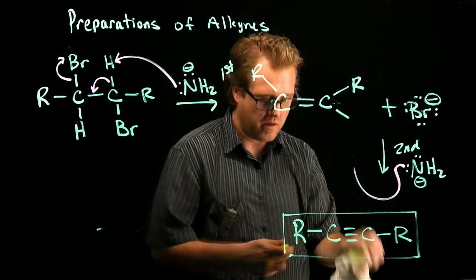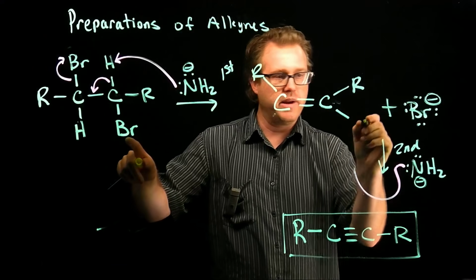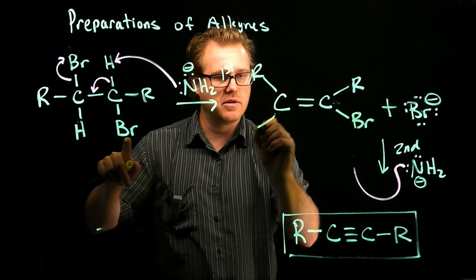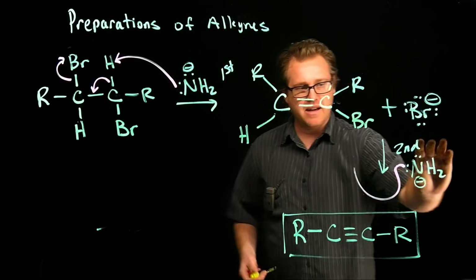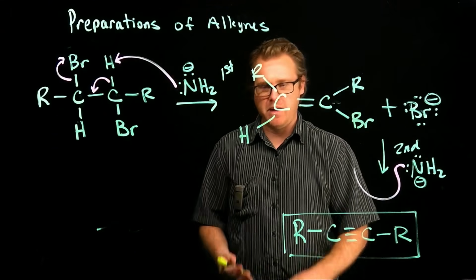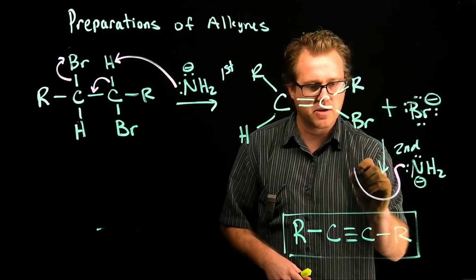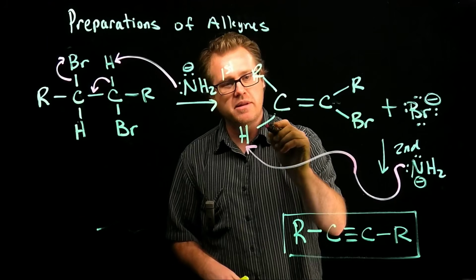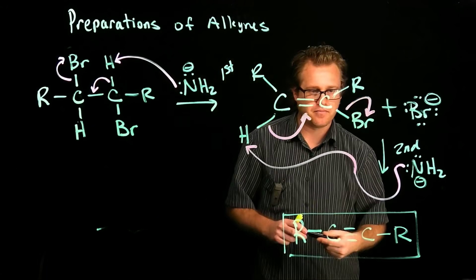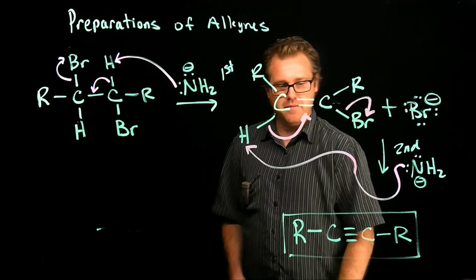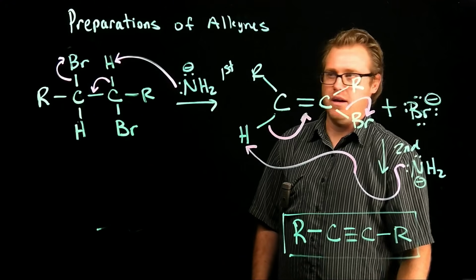All right. We said this bromine is right here. So now I have a hydrogen there. So when we have our second equivalent of sodium amide coming in to react, what's it going to do? It's going to come in and grab that proton, go like that, to give us what? The exact same product.